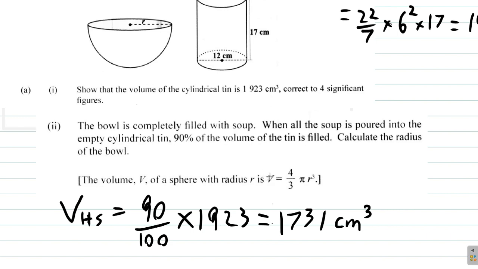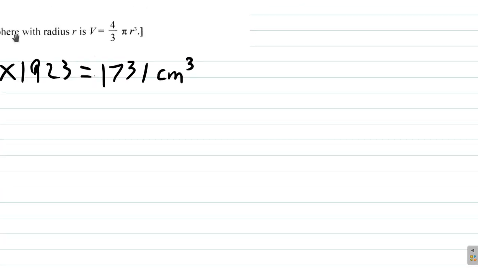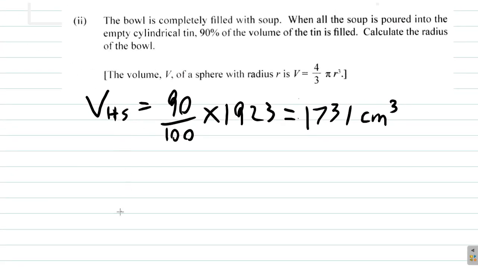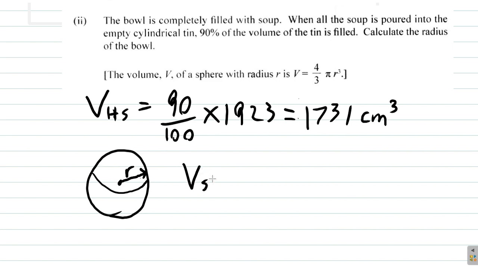Now remember that this formula, volume is 4/3 pi r cube, is the volume of a sphere, an entire sphere. So before you cut the sphere in two to make the hemisphere, you have the entire sphere, and it would be the same radius as for the hemisphere.